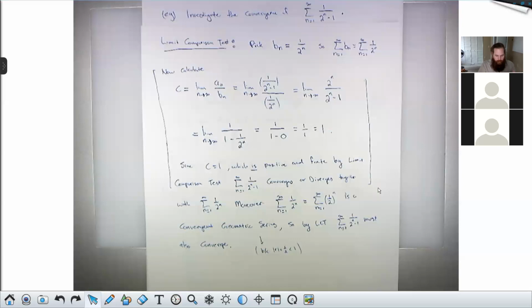And if you're working with a series and you compare it to a geometric series, or you compare it to a p-series, you shouldn't have to spend much time figuring out what sigma Bn does. But you do need to at least have some little comment, right? So, okay, yeah, this is geometric, and yeah, the common ratio does have absolute value less than 1. So this guy is convergent. So there's got to be a little discussion of what sigma Bn does before you can conclude anything about sigma An. These are really good questions.